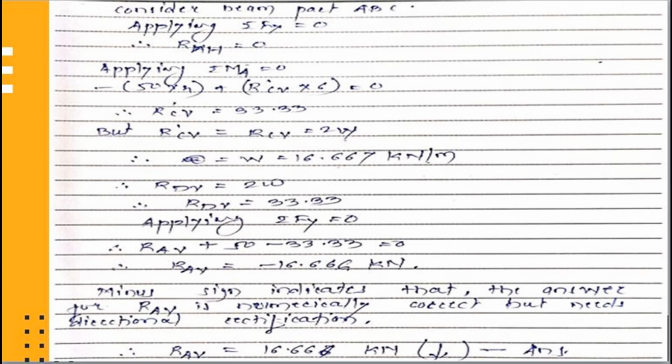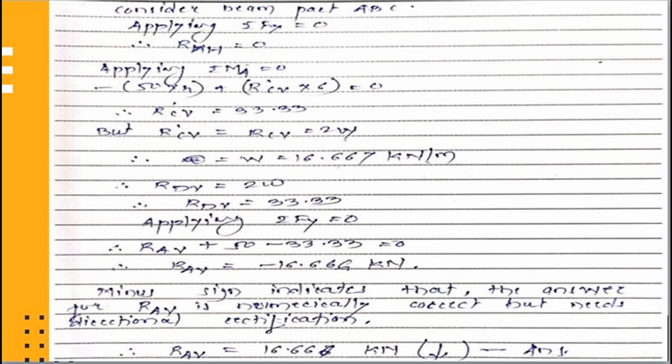Since 50 kilonewton will rotate in anti-clockwise direction about point A and perpendicular distance of that force about point A is 4, therefore total moment is equal to minus 50 into 4. RCV will rotate in clockwise direction about point A and perpendicular distance of that force about point A is 6, therefore moment is equal to 6 into RCV.